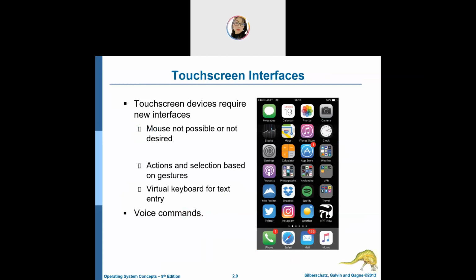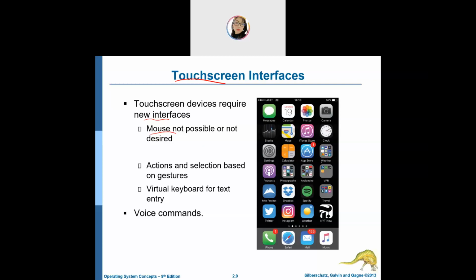Okay, here is the touchscreen interface. It looks like your smartphone, but you can also have quite similar things on your laptop if you have a touchscreen laptop. This touchscreen interface requires a new interface when you don't have or don't desire a mouse to move around and point to something.